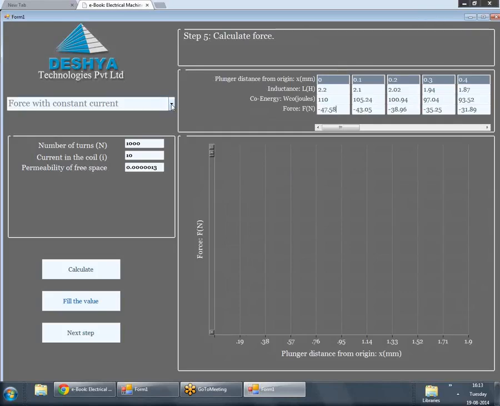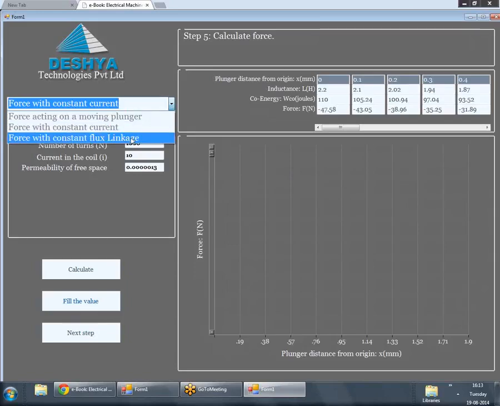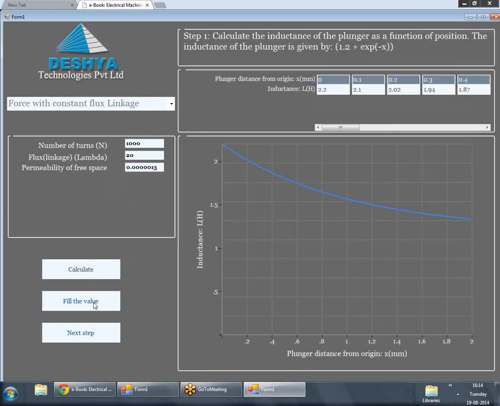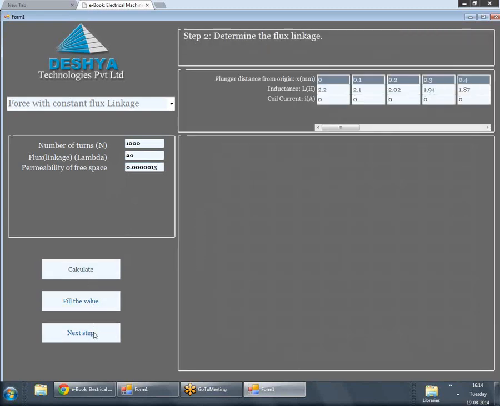Now I take an example, which is force with constant flux linkage. If I take the constant flux linkage part, then I can see the difference. I do that and press calculate.